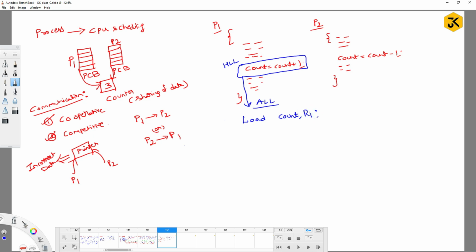For every process P1, you maintain certain general purpose registers, which store the data and also the state of every piece of information. As count is a common variable shared by everyone, assume that it contains the data 3. Initially, I load the value in the count variable into the local register R1, then I increment the result available in R1, and then I store R1 back into the count variable.